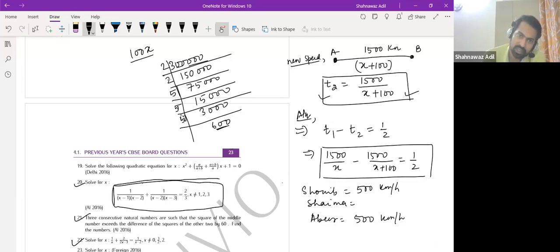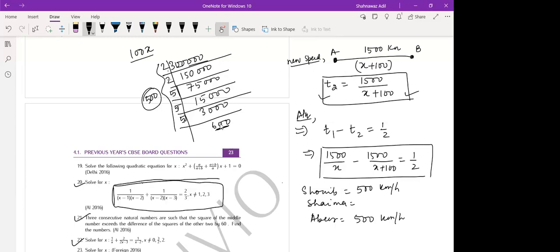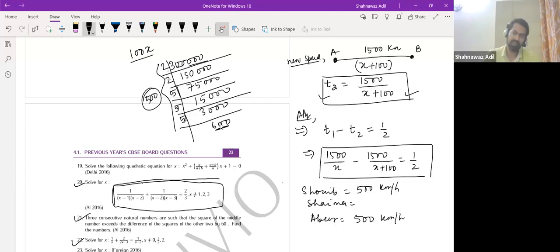So this is 500, and this is 600. Understood, Shaima? Yes, sir. So this is the factor that you guys got, right?